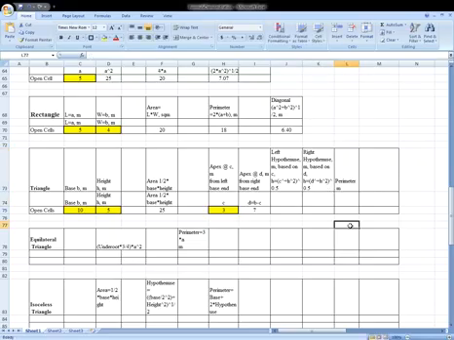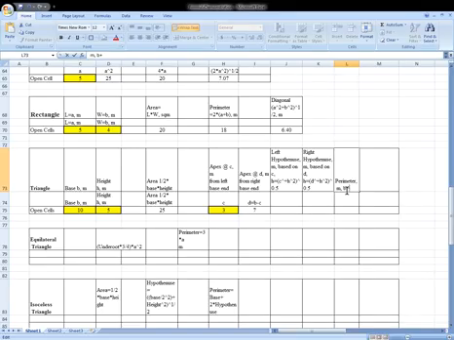That's what we need. Then perimeter we can find. Perimeter is base plus both hypotenuses. So perimeter is equal to base, that is B, plus hypotenuse H1 plus H2.